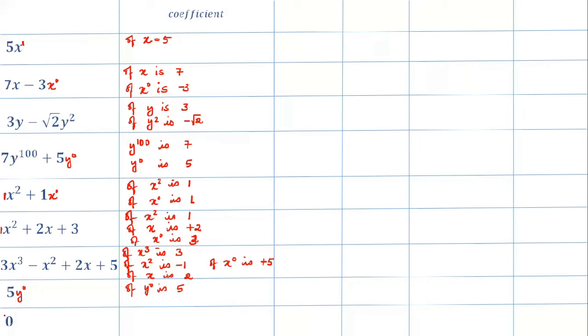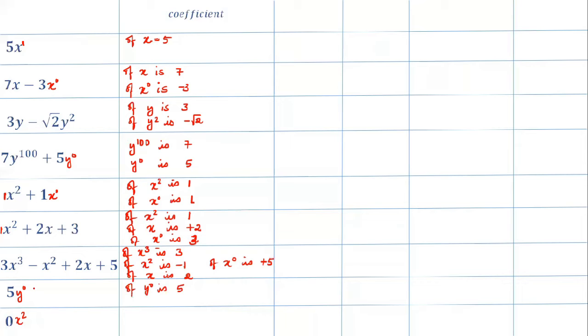Now 0 is also a polynomial. Here with 0 I can write x to the power 0, x to the power 1, x to the power 2, because any term multiplied by 0 is 0 only. You can write x to the power 0 also, z to the power 0, z square, z cube, z to the power 100 also you can write.